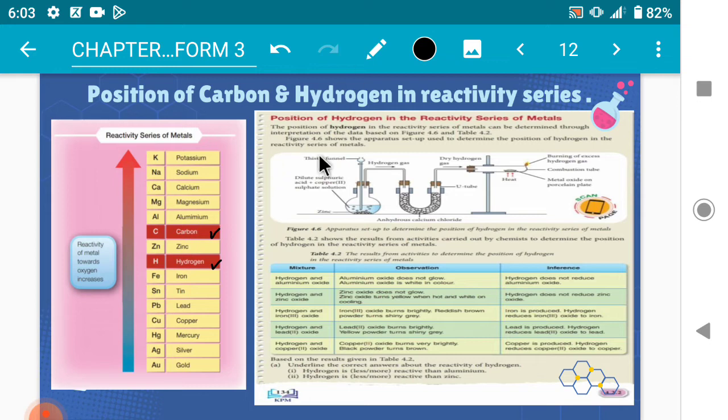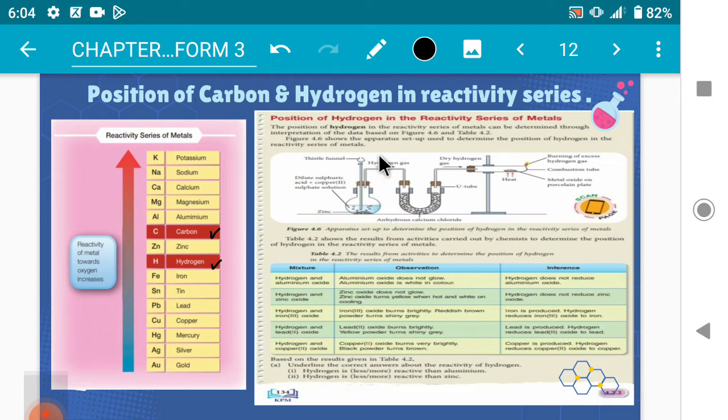But how do the scientists or chemists know that the position of hydrogen or carbon is over there? This is taken from your textbook, page 134. The position of hydrogen in the reactivity series: they did this kind of experiment in order to know where the position of hydrogen and carbon is.